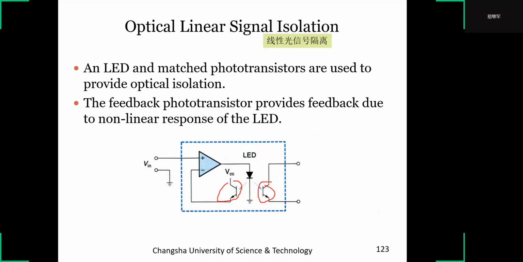The feedback photo transistor provides the feedback due to the nonlinear response of the LED. If the response is nonlinear, the feedback transistor can make the signal become linear. So if the signal comes from here, we can get the linear signal here.